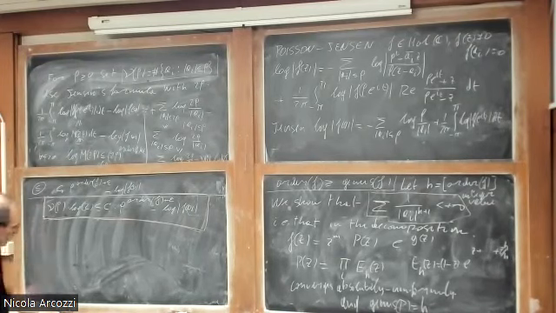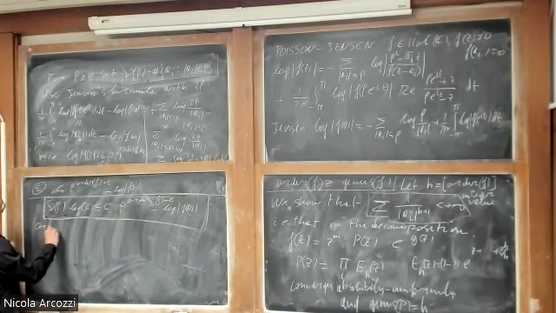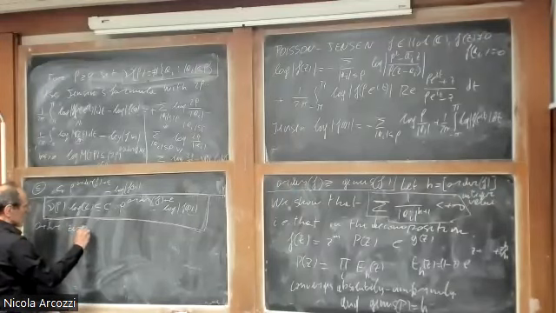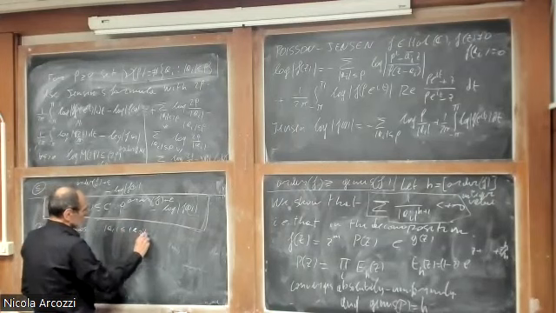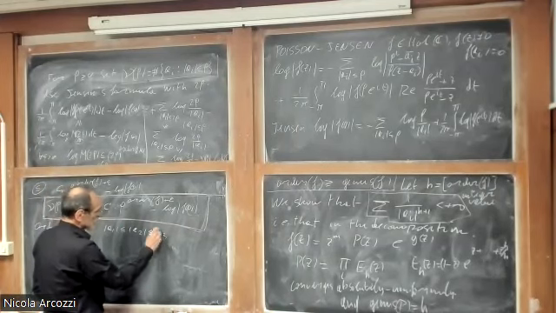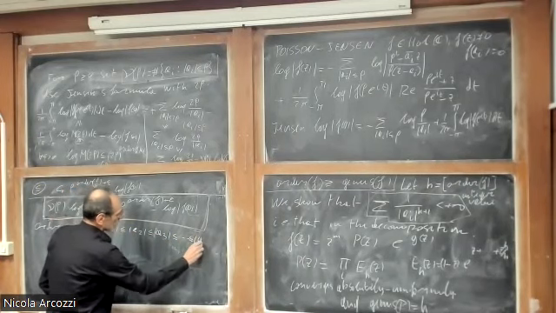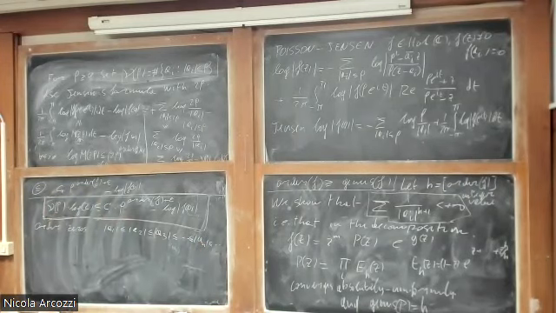Okay, let's continue. Suppose, just for convenience, that we order the zeros by size, by modulus. Suppose that there are zeros.